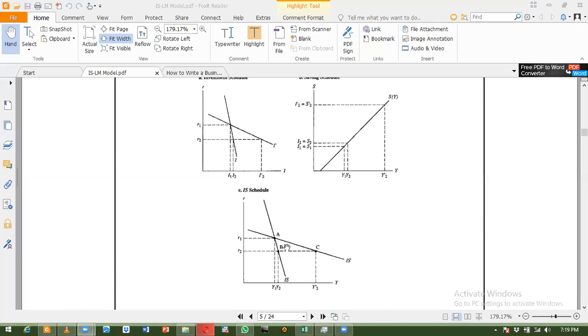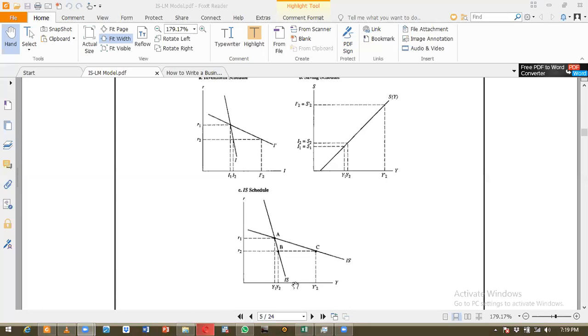So when you come to the IS curve, this is where we were, Y1, but because investment is more sensitive to changes in interest rate, now income too is more sensitive to changes in interest rate. So the new level of equilibrium income is Y2 prime.